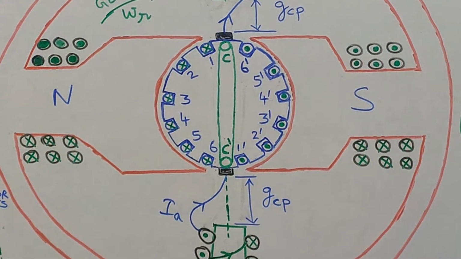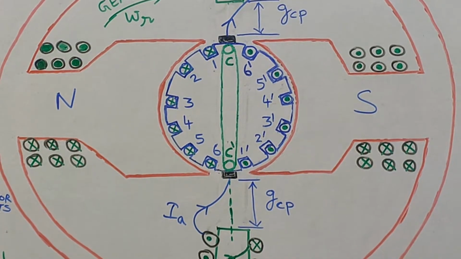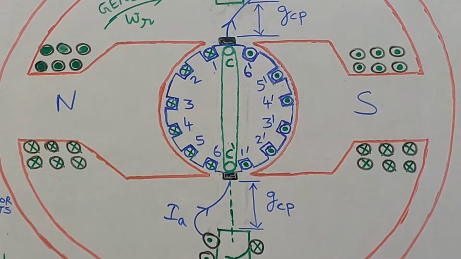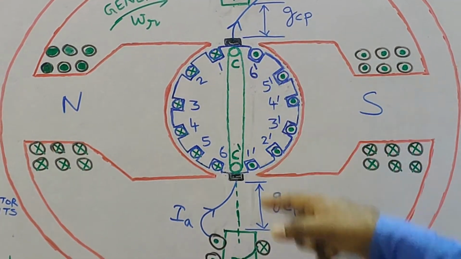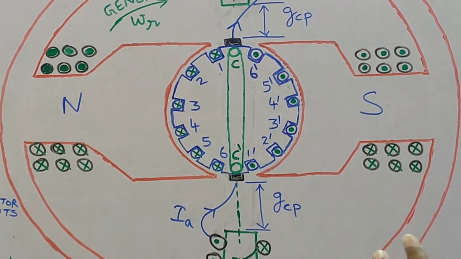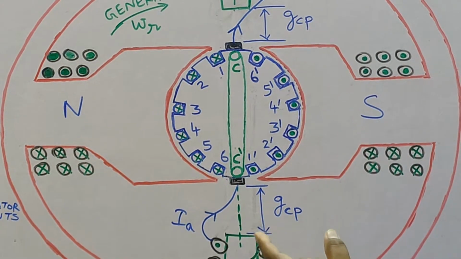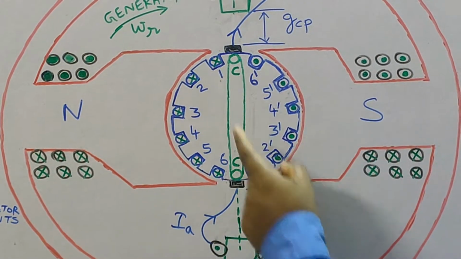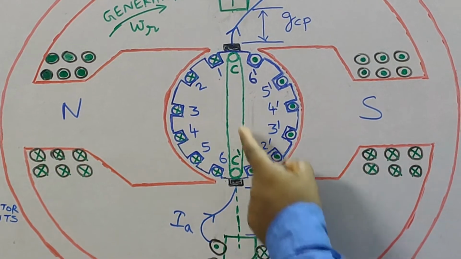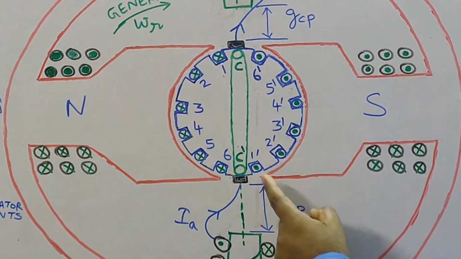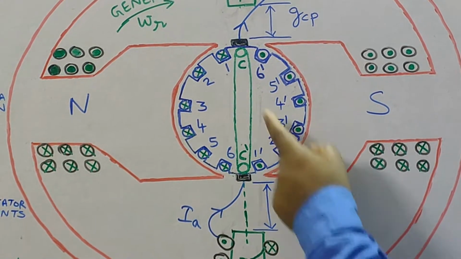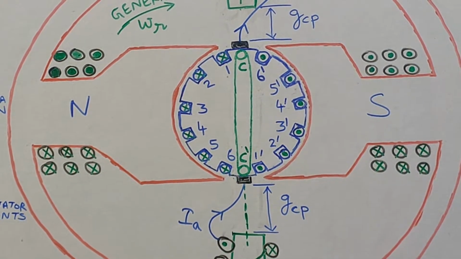What you can notice is that any particular coil has its coil sides placed in armature slots which are diametrically opposite, isn't it? If you take a coil placed in slot number 1 and slot number 1 dash, these two slots are diametrically opposite.